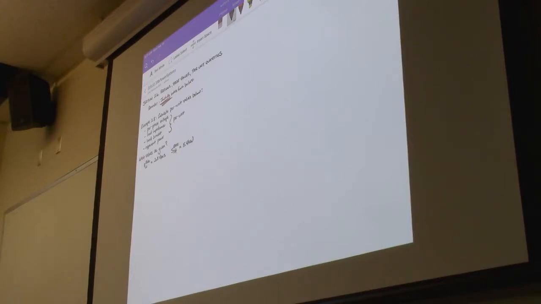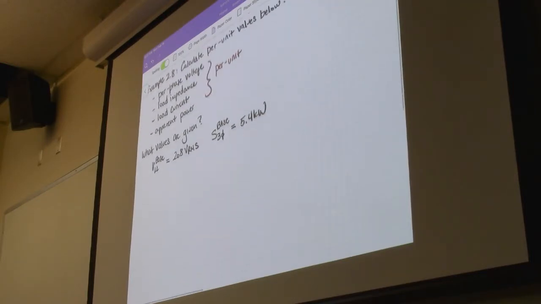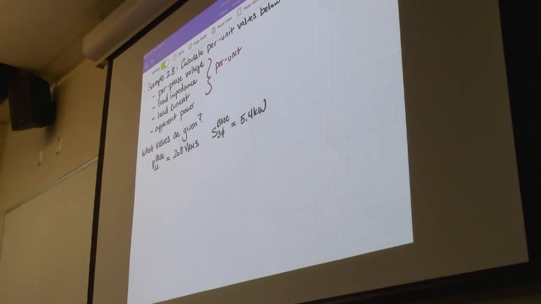And it's calling back to example 2.7 for the other values. So in example 2.7, it tells us also that the voltage line to line is equal to 208 volts.